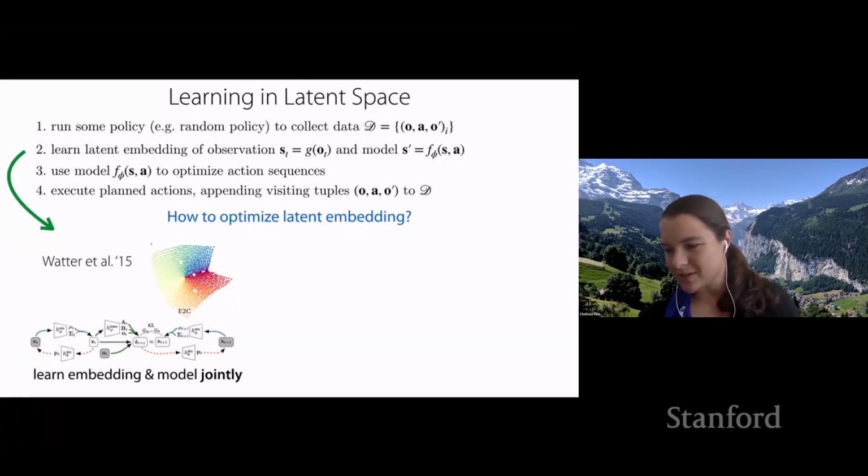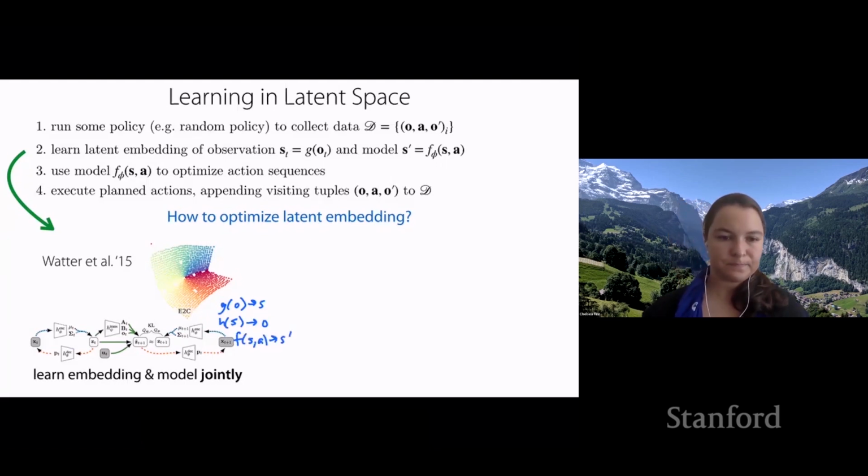They learned G of O mapping to S. Also, they learned a decoder that maps from S back to the original space. And then they finally also learned something that maps from S and A to S prime. This is the gist of the model. It's a little bit more complicated than that because it's actually building upon variational inference. But if you're interested in the details, you can take a look at the paper.